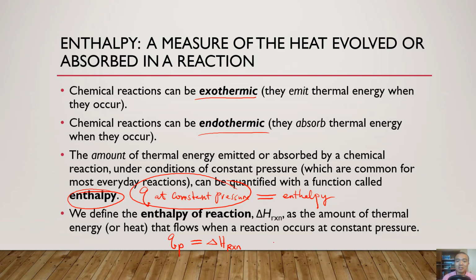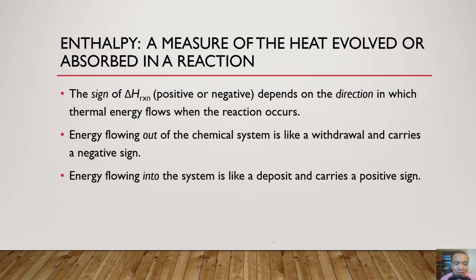About the sign of these quantities: if the energy is flowing out of the system, then we use the negative sign. For example, if you have delta H for the reaction equals negative 25 kilojoule per mole, that's a negative number, which means the reaction is exothermic.